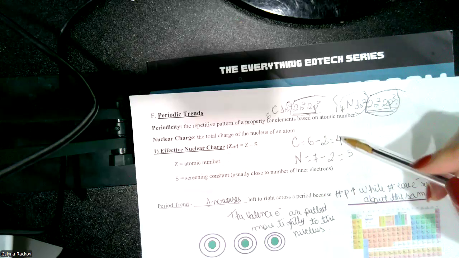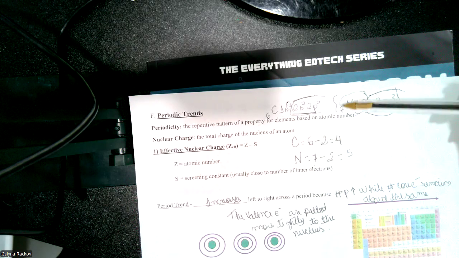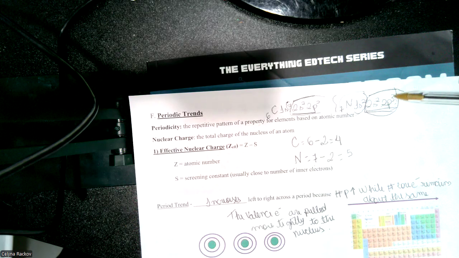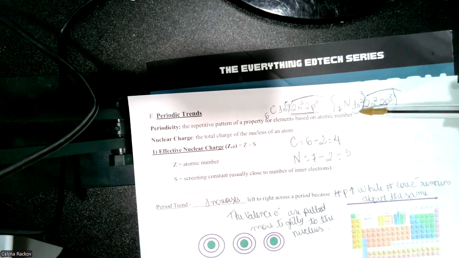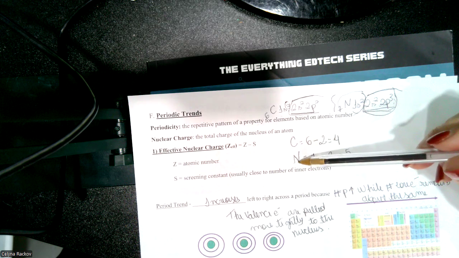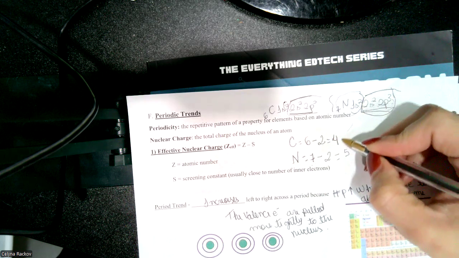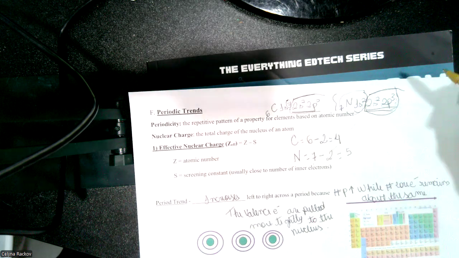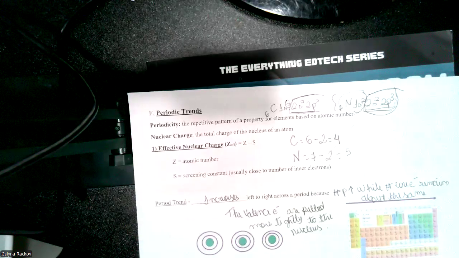But to solve this math, you need the number of core electrons, which are all the electrons not in the highest energy level. In that case, nitrogen is 7 atomic number minus 2 for the inner electrons, so the effective nuclear charge for nitrogen is 5.